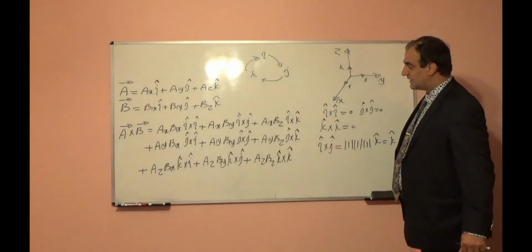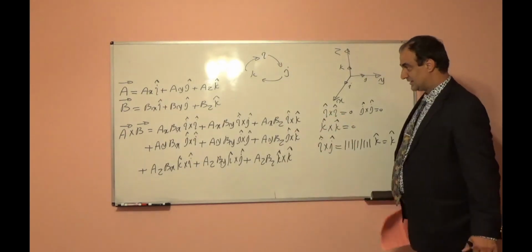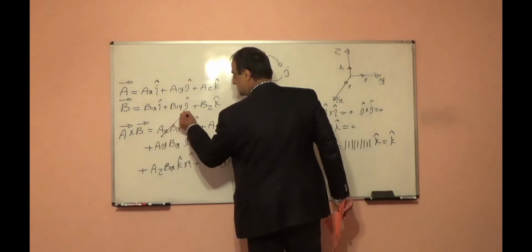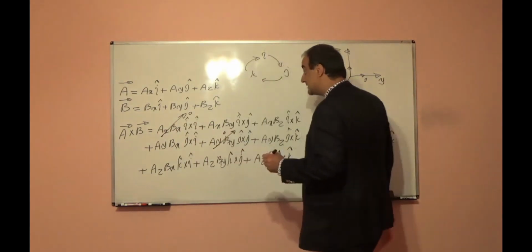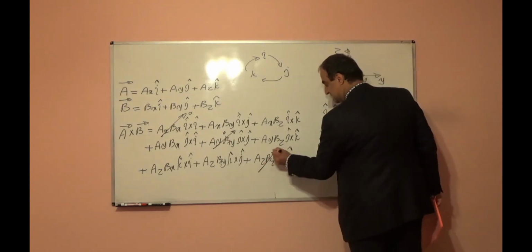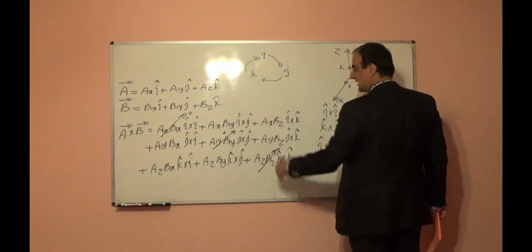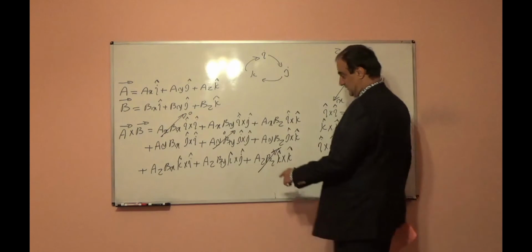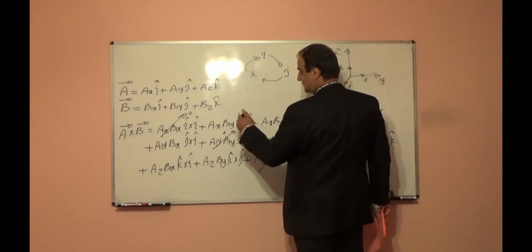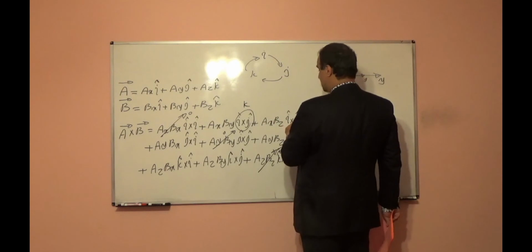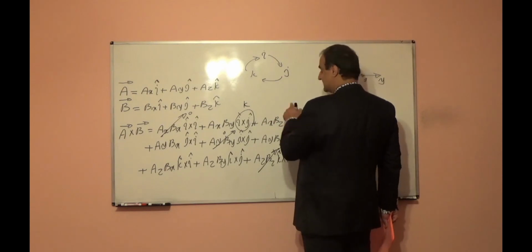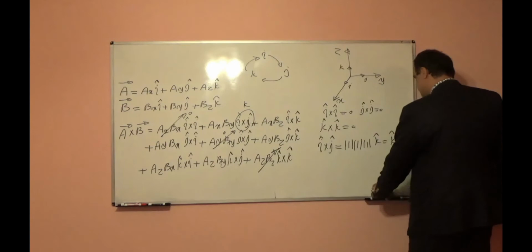If you calculate this, putting negatives and positives, you will see these terms become 0. Instead of i cross j you can put k, instead of i cross k you can put negative j, and so on, and simplify.